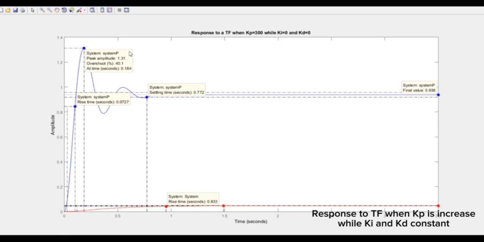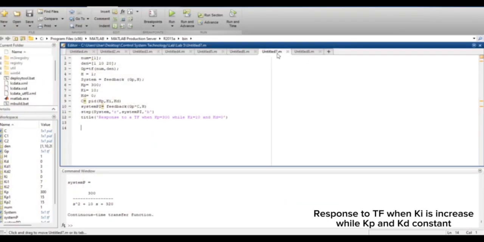For this, the peak amplitude is 1.31, the overshoot is 40.1, and the peak time is 0.184 seconds. Then the rise time is 0.0727, the settling time is 0.772, and the final value is 0.938. This is the response to TF when KP equals 300, while KI is 0 and KD equals 0. So now let's move on to the next graph.